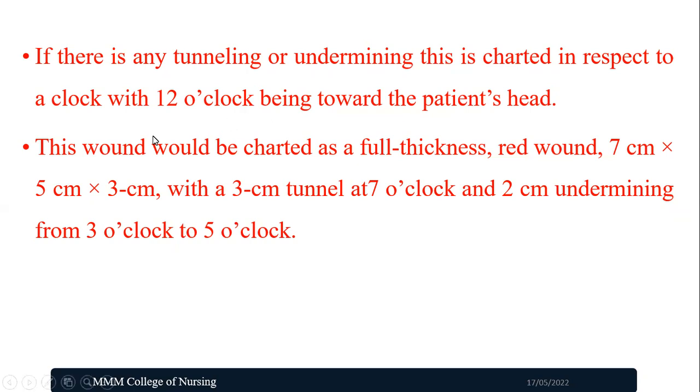Here you can document the wound as full thickness, red, round, 7 centimeter by 5 centimeter by 3 centimeter, with a 3 centimeter tunnel at 7 o'clock and 2 centimeter undermining from 3 o'clock to 5 o'clock.